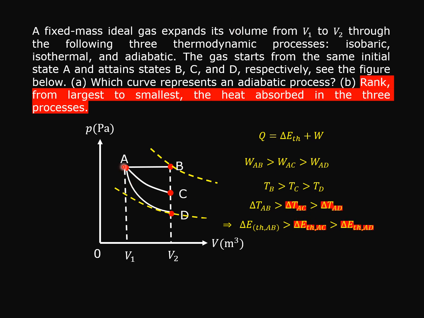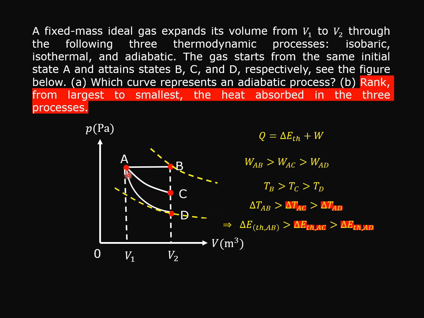Take note that state A and state C are on the same isotherm. Therefore, the temperature at A and the temperature at C are the same. So delta T for AC is equal to 0, and thus the internal energy change in the process from A to C is also equal to 0.